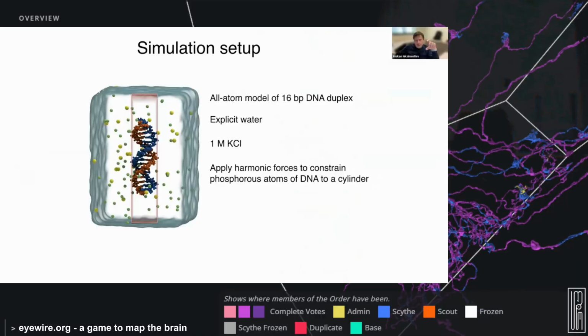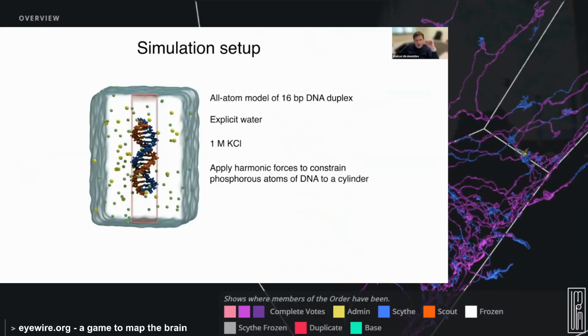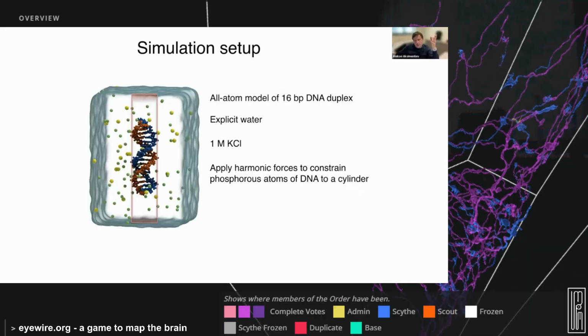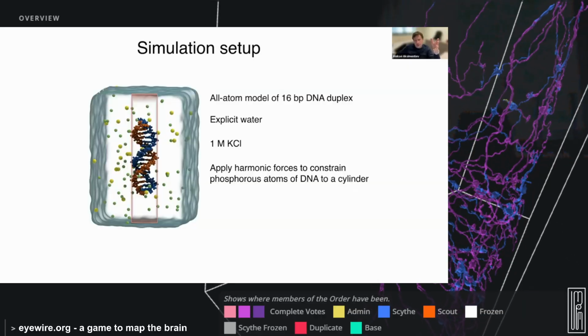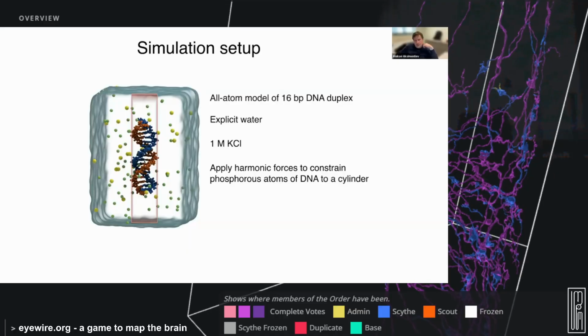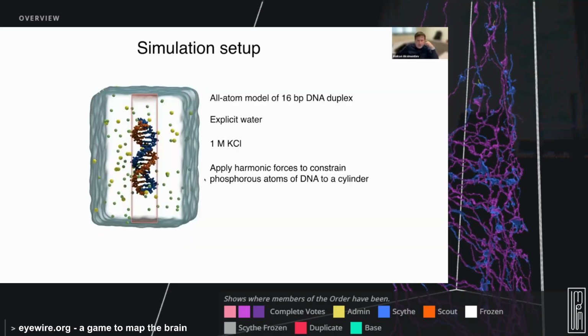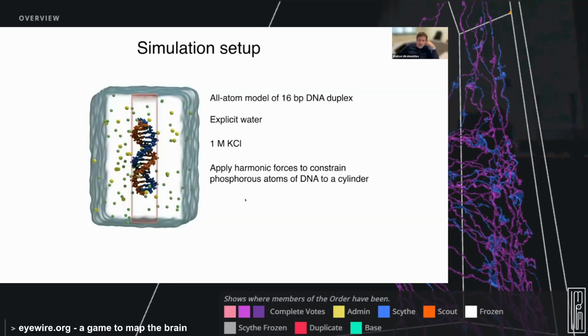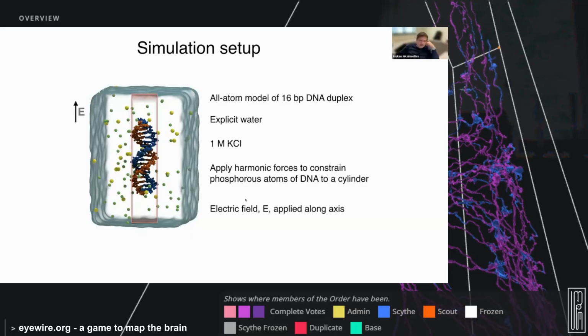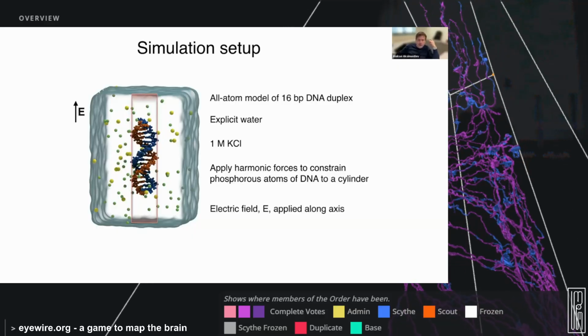We restrain the DNA so it doesn't fly away in response to the electric field, because the DNA is negatively charged, but it could rotate left or right freely depending on what happens in the system. And then we apply an electric field and watch what happens.